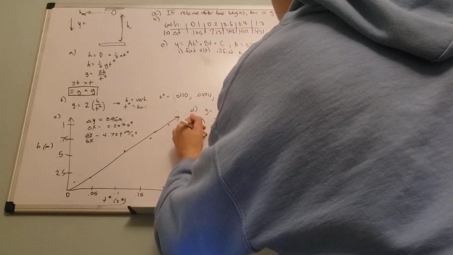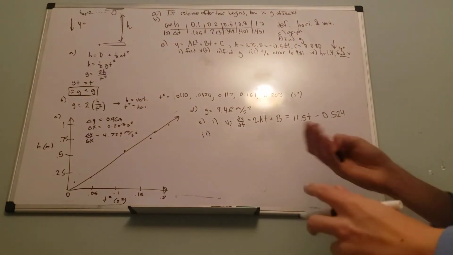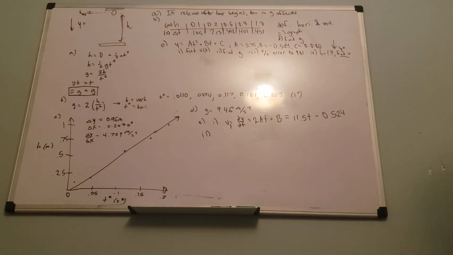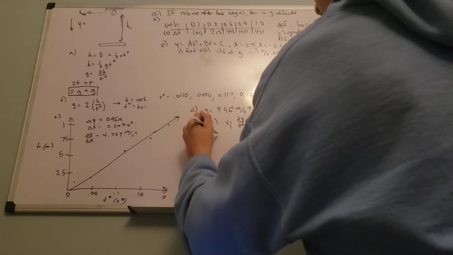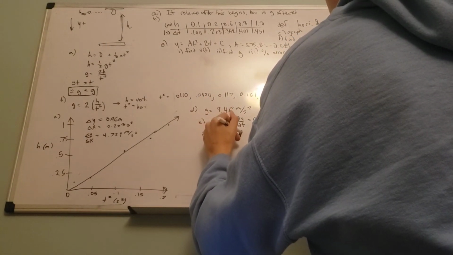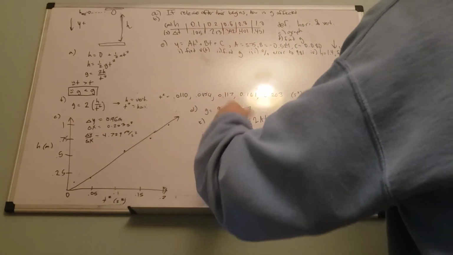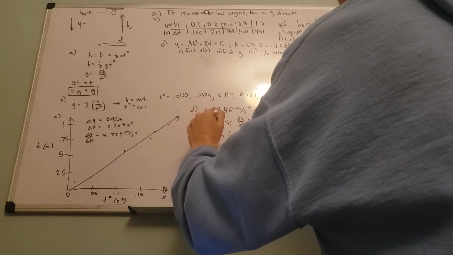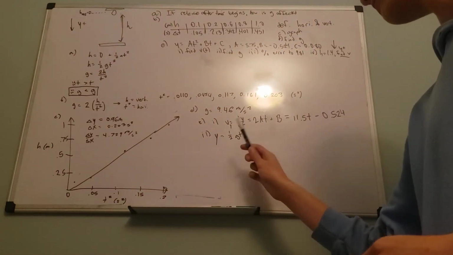Now we're going to use their approximation to find their value for g. Well, we know that h equals 1/2 gt squared. H is effectively, if we think of it as a continuing function, our y position. So y equals 1/2 gt squared.